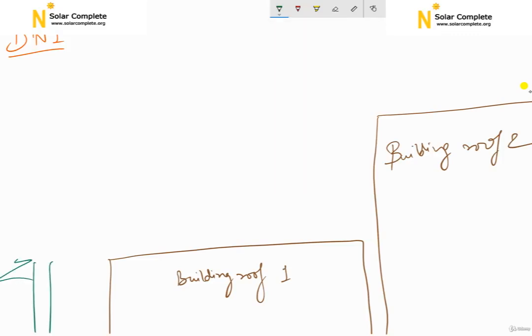So the solar rays will come like this. This is how solar rays will come, and when we see it from a microscopic point of view, they are exactly coming like this, making an angle of 90 degrees.